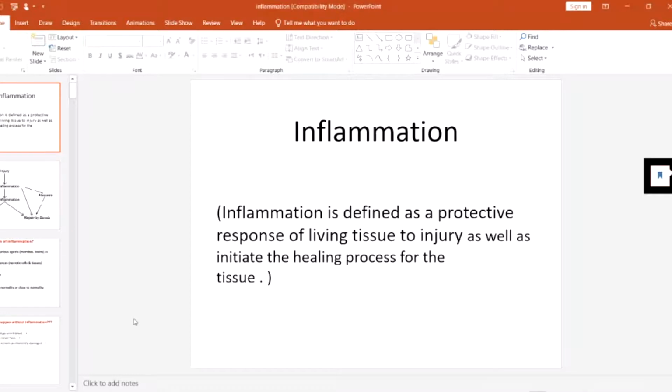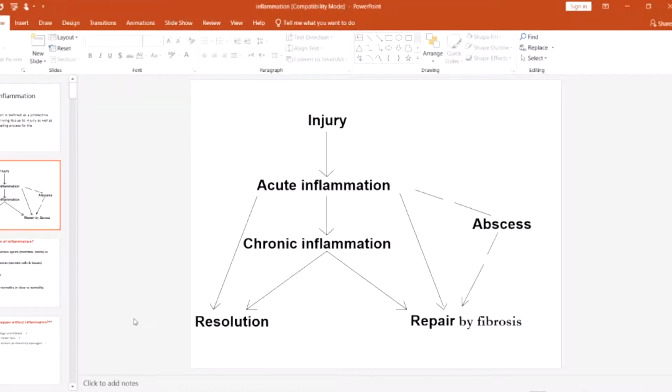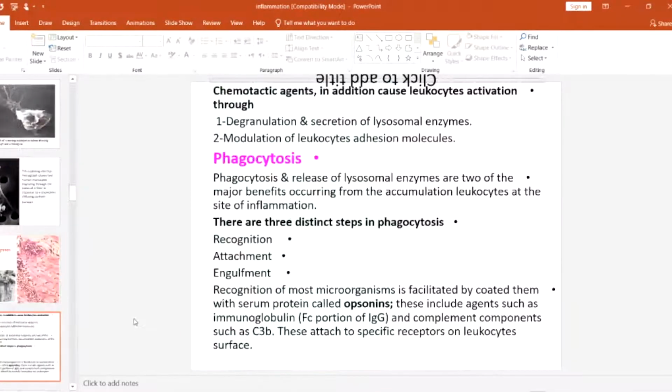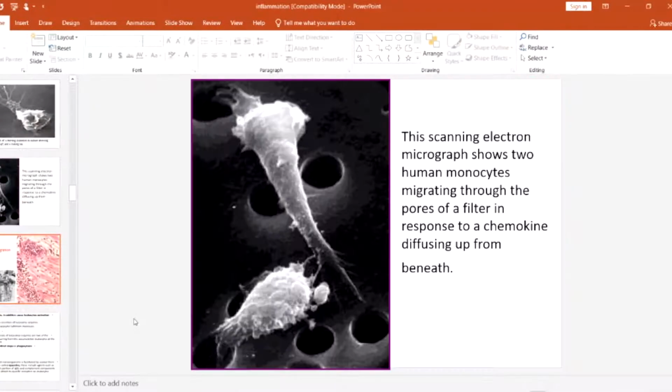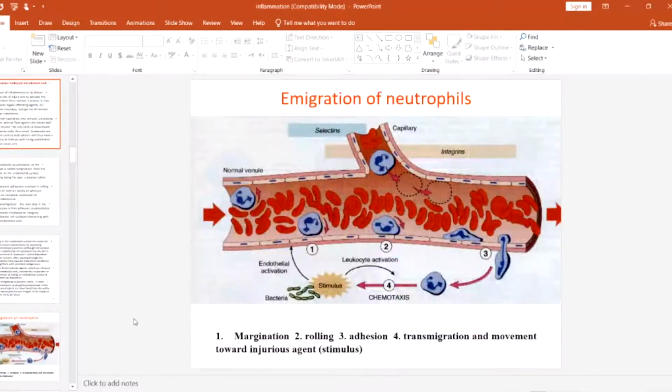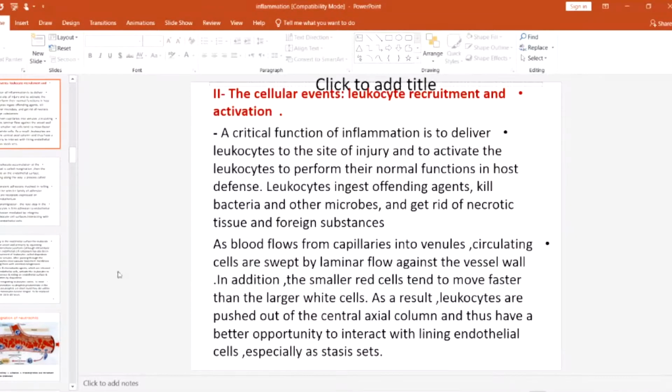Now you remember I said now we have the white BC, mainly the neutrophil. Now we go to our main data show slide.